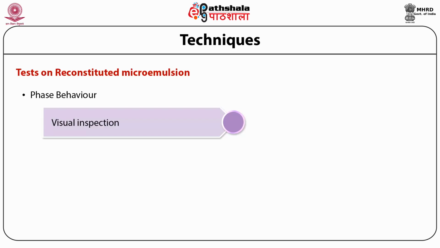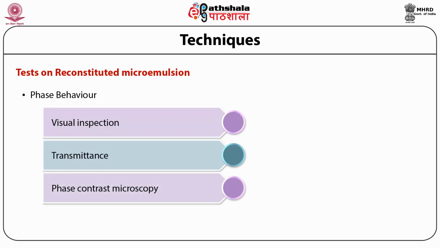This behavior can be quantitated using transmittance studies employing the UV visible spectrophotometric method. Another method is microscopy, which is phase contrast microscopy. And the last method is freeze fracture TEM.